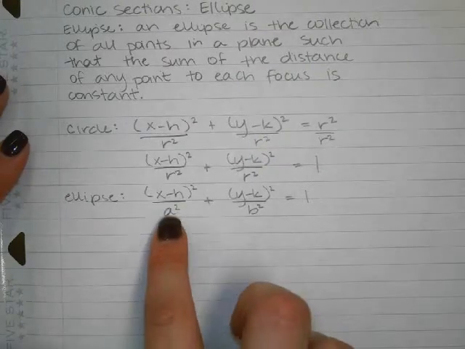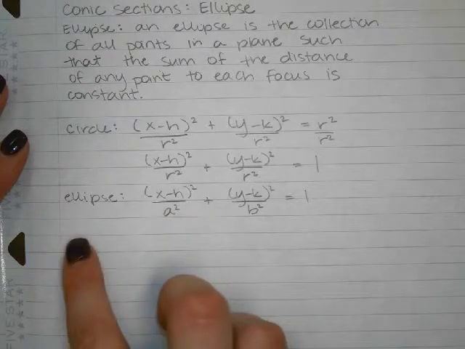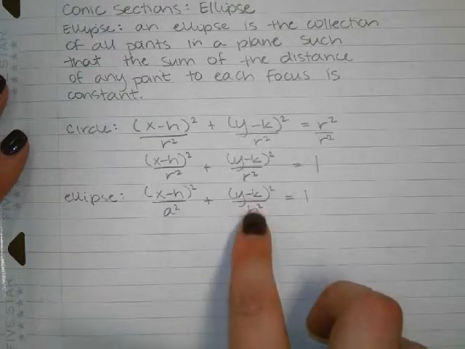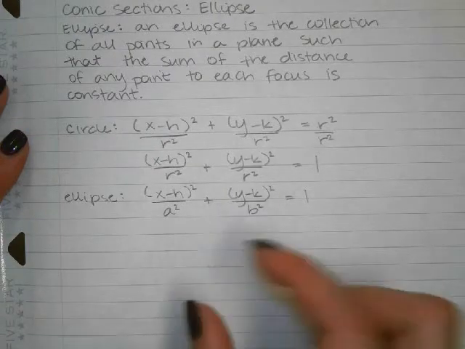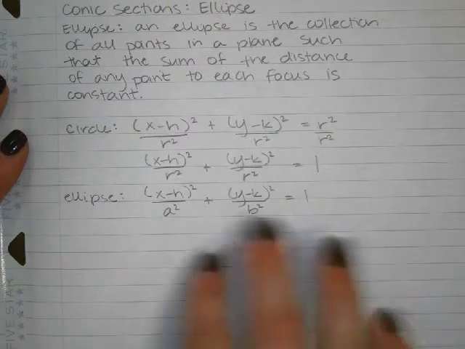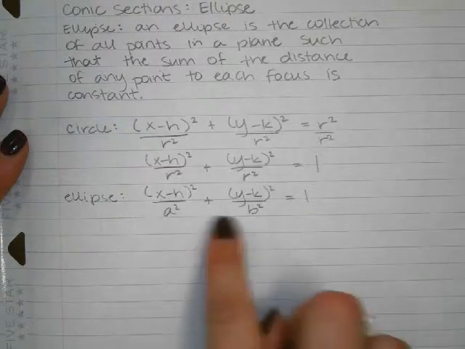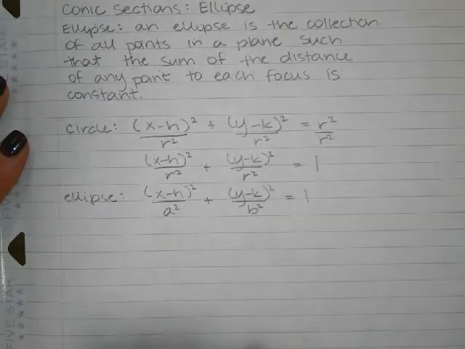So underneath the x, the a value is kind of like the radius, but only directly to the left and directly to the right. And then b is kind of like the radius, but only directly up and directly down, and then the distance between the center of the ellipse to the other edges would not be these numbers. But it's still an interesting relationship there, and it will help us graph these when we need to sketch them.